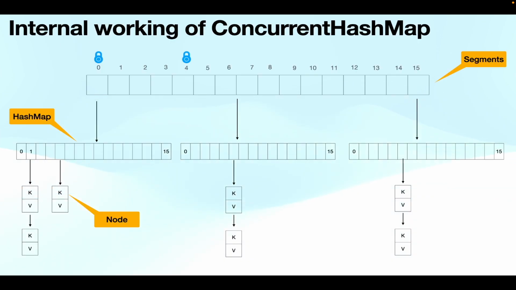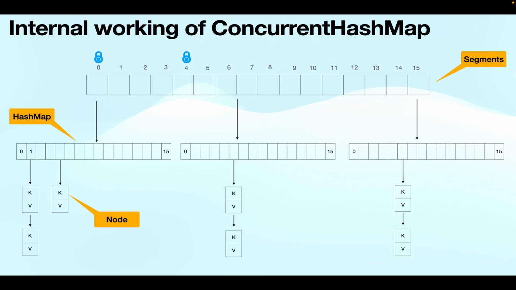Let's see the internal working of concurrent hash map. I'm assuming that you have knowledge about the internal working of hash map. If you have that knowledge, then it's better. If not, please go and read about the internal working of hash map. It will help you to understand this concurrent hash map implementation. So now we have hash table and we have concurrent hash map.